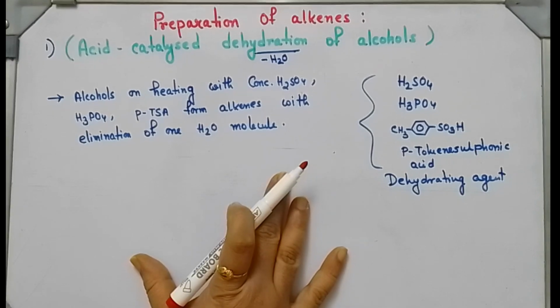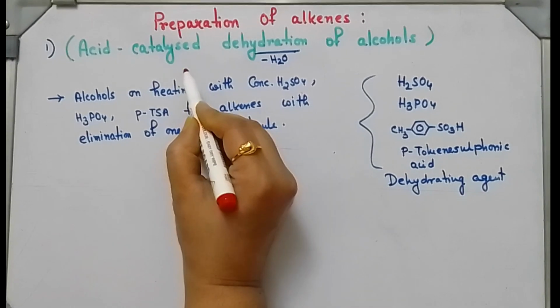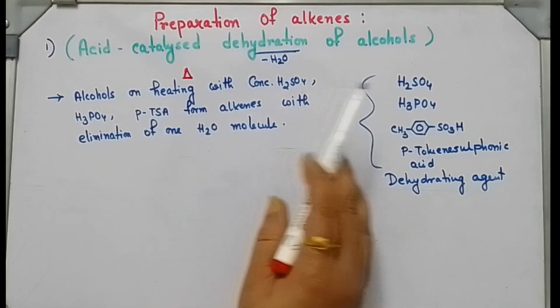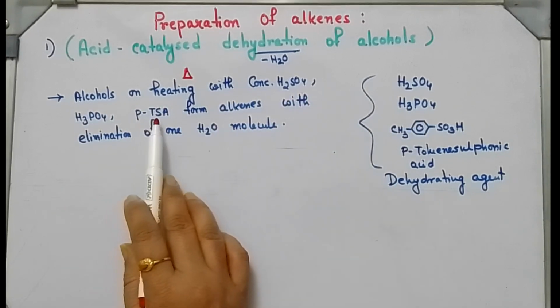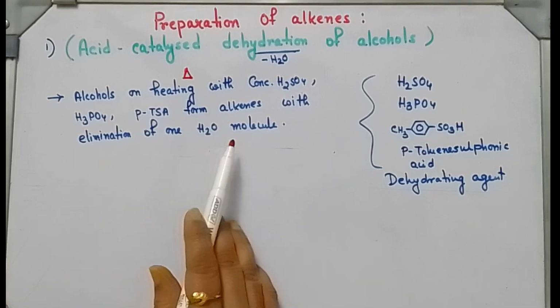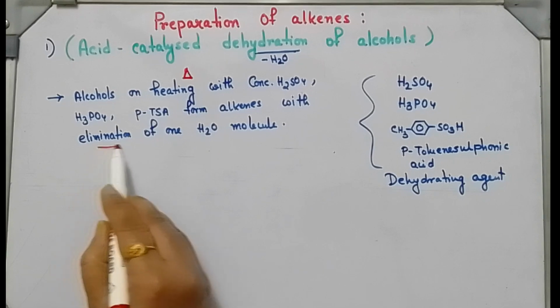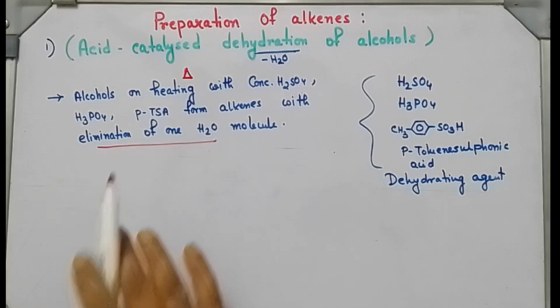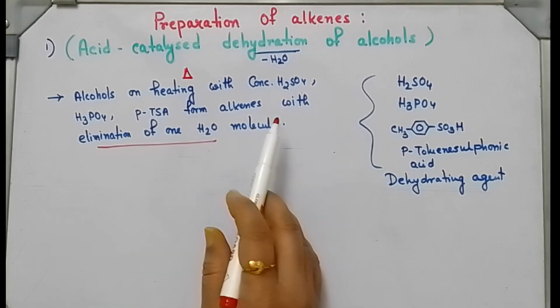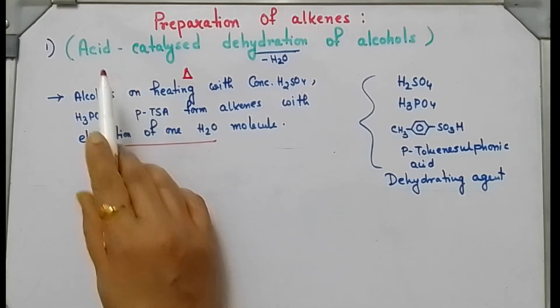Now note down: alcohols on heating with concentrated sulfuric acid, phosphoric acid or para-toluene sulfonic acid form alkenes with elimination of a water molecule. Since elimination of water is taking place, this is called dehydration of alcohol, and acid is used as catalyst here.